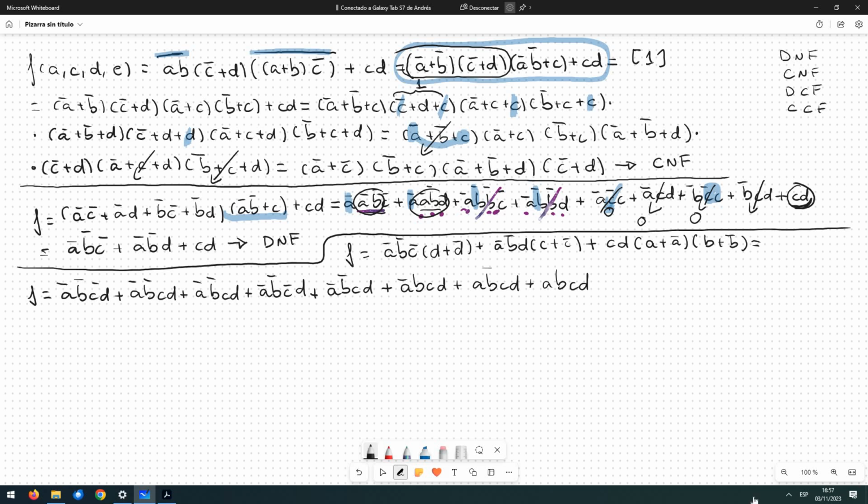And we can find that this term is repeated. So we can apply the idempotent law. This is the same as this. And we can also apply the idempotent law to this term that is as well repeated here. So I don't see more terms to reduce, and we have here the disjunctive canonical form. We can identify the mean terms. This is 0, 0, 0, 1, so it's the mean term 1, 0, 0, 1, 1, mean term 3.